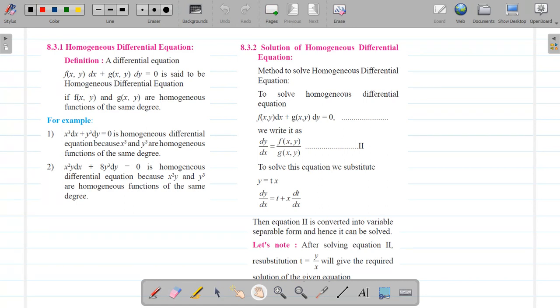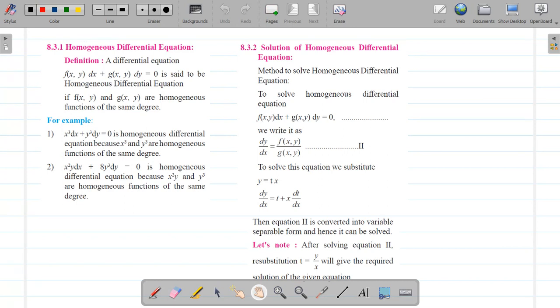So this is a homogeneous differential equation because x square y and y cube are homogeneous functions of the same degree. If you have a differential equation like this, it is called a homogeneous differential equation. See this by example.